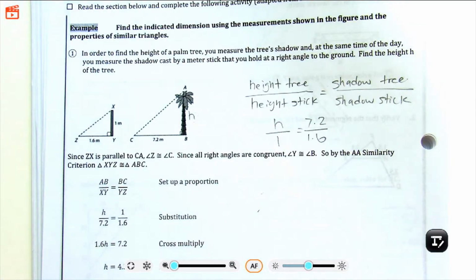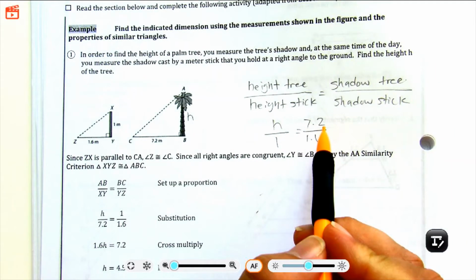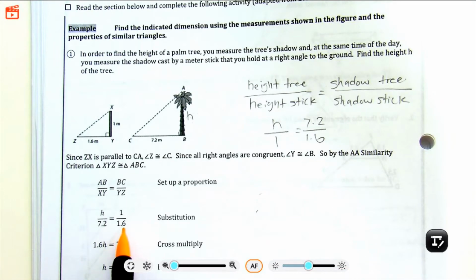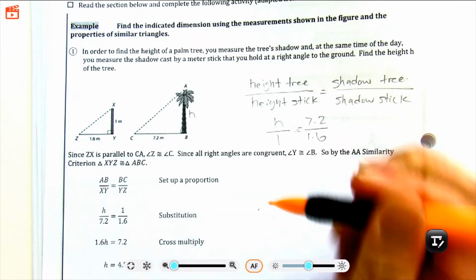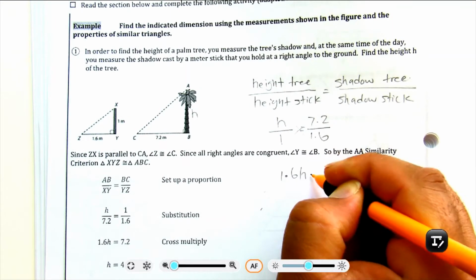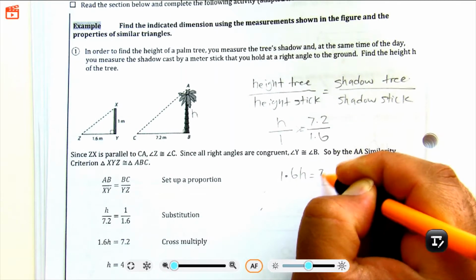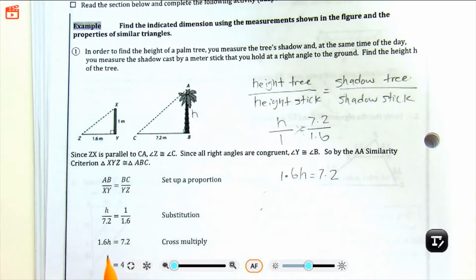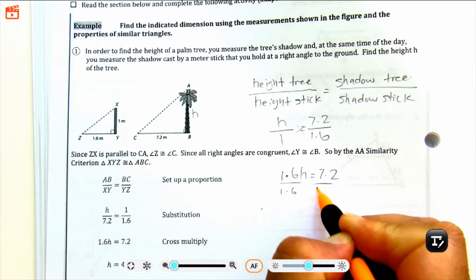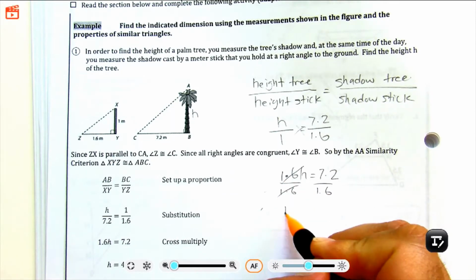Now look at how I did mine and look how they did theirs. And then when we cross multiply, we end up with 1.6h is equal to 7.2. So we get the same thing. Divide both sides by 1.6, and we get h is equal to 4.5.